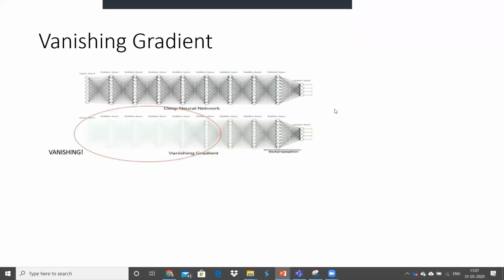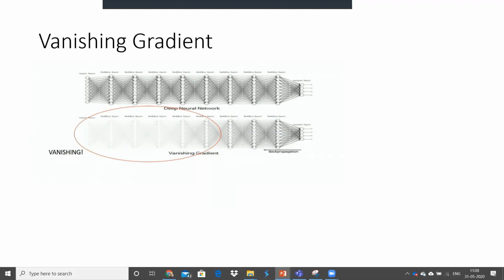So if you see the neural network over here, and we have a very deep neural network, in that scenario when you do the backpropagation, you will see that the first layer or the second layer would not be learning from the gradient descent, because the gradient is diminishing, right?